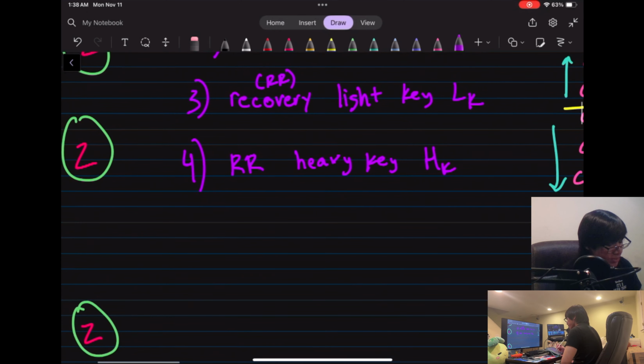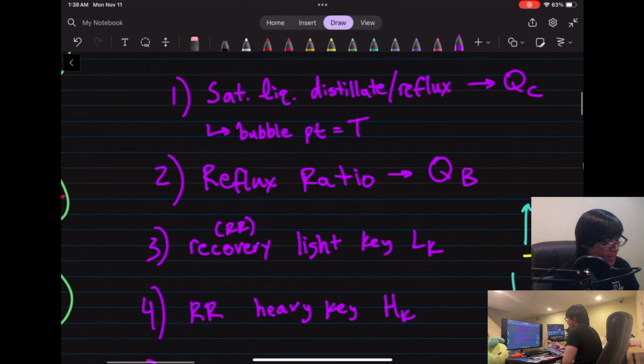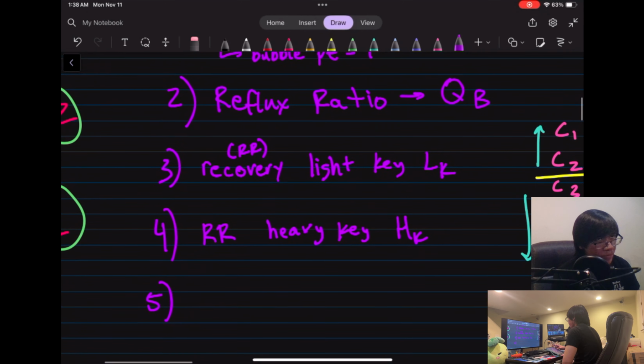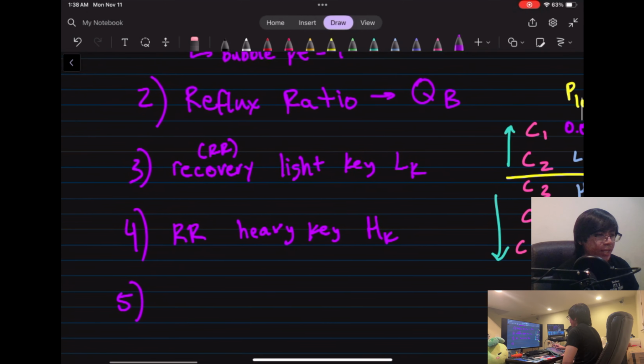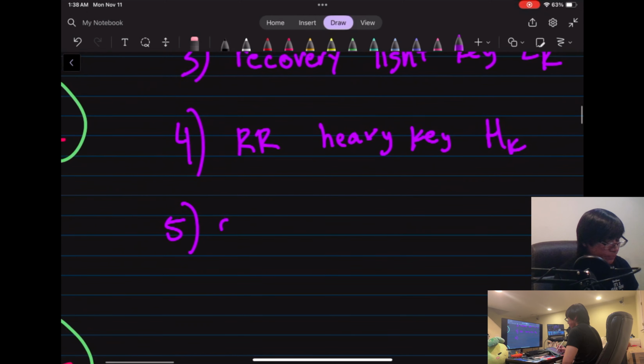And then 5 is just the common way we write these out, or one of the common degrees of freedom, I should say, and that is specifying the optimal feed stage.